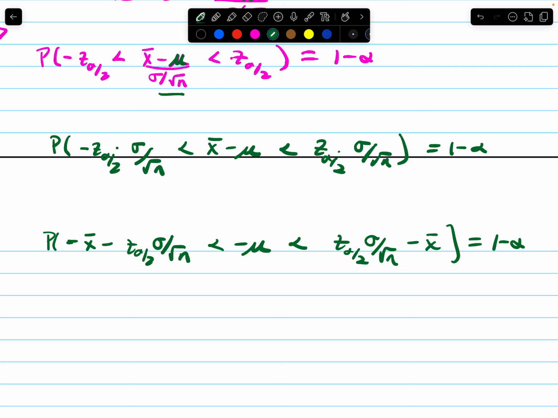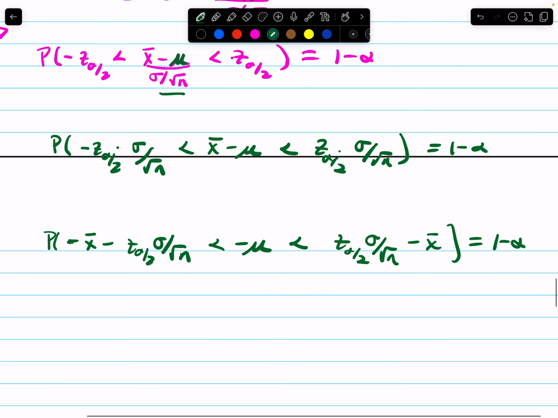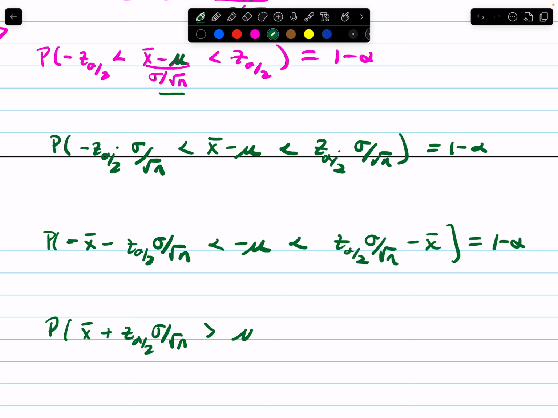Now, I'm going to multiply everything through by negative to get rid of that negative on my mu in the middle, which has the property that will flip the direction of the inequalities. So this becomes x bar plus z alpha over 2 sigma over the square root of n greater than mu, greater than x bar minus z alpha over 2 sigma over the square root of n equals 1 minus alpha.